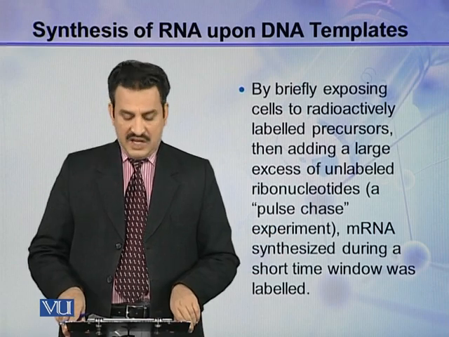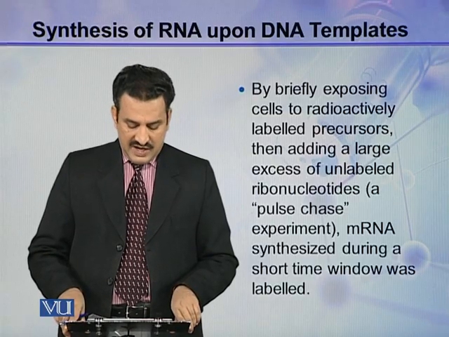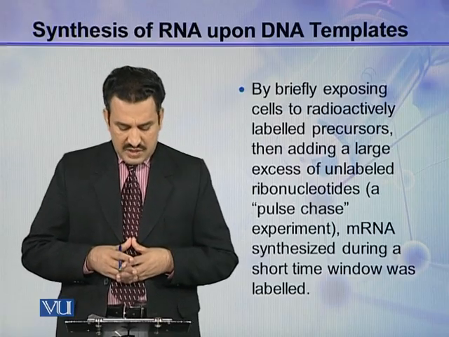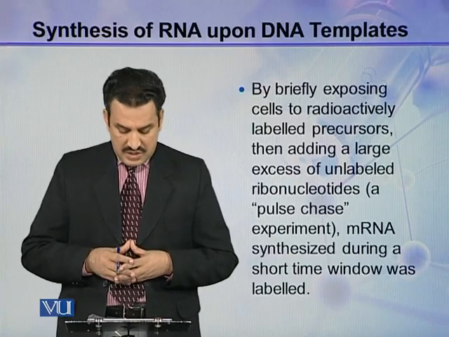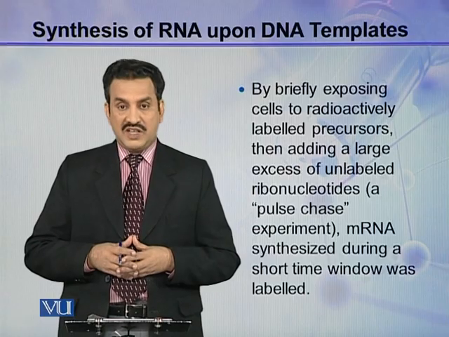By briefly exposing cells to radioactively labeled precursors, then adding a large excess of unlabeled ribonucleotides, which is a pulse chase experiment, mRNA synthesized during a short time window was labeled.